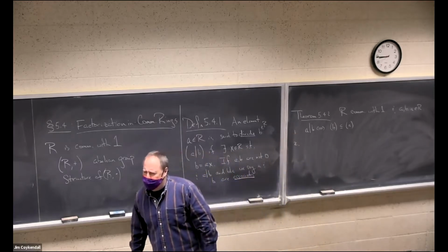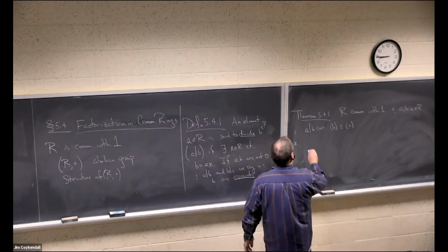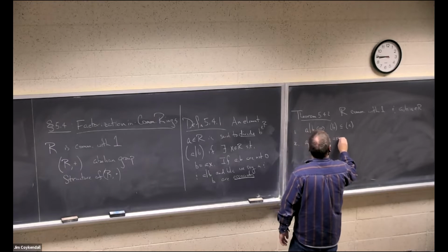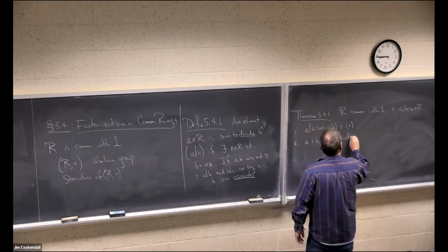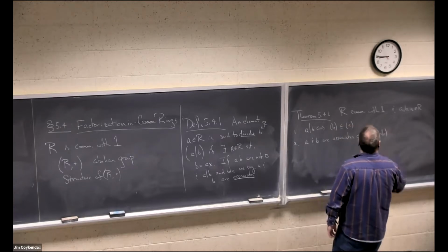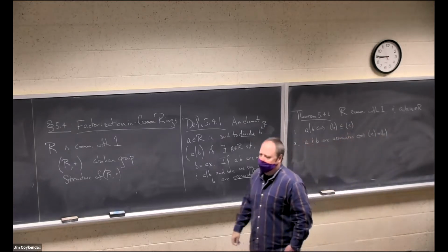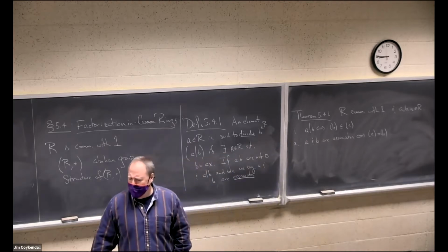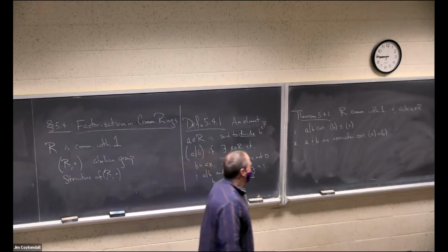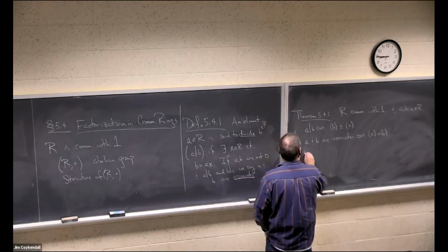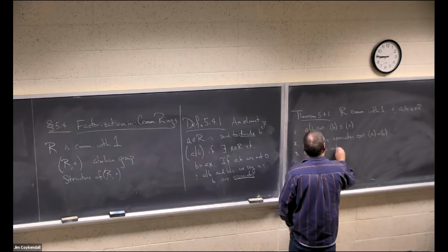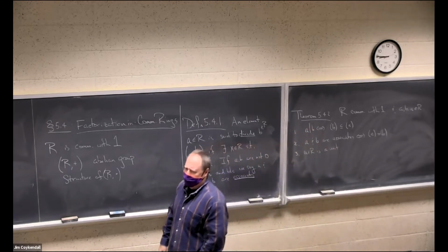Number two, A and B are associates if and only if the ideals they generate are equal. Number three, U in R is a unit.